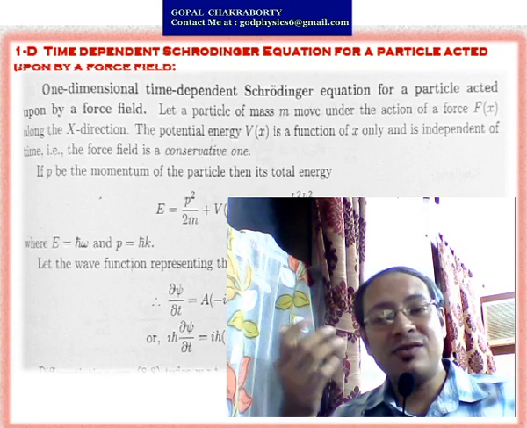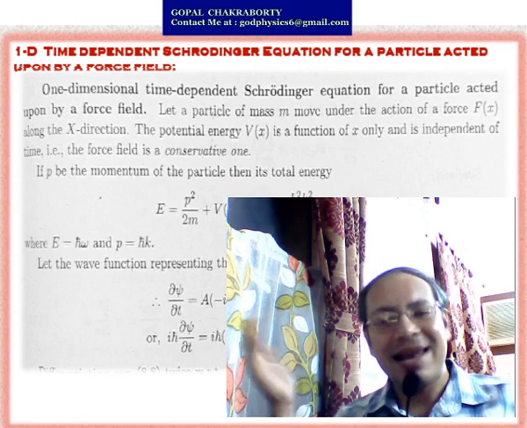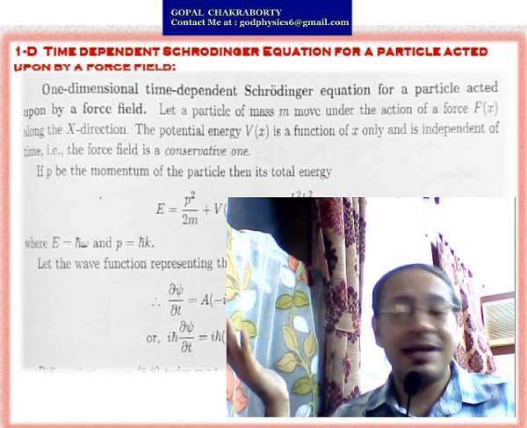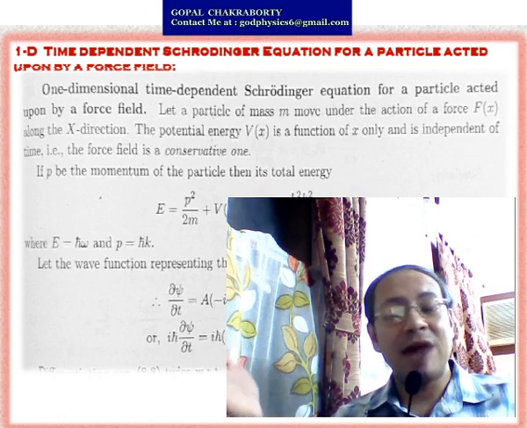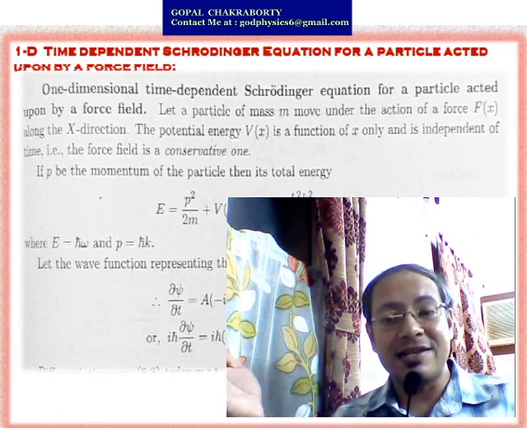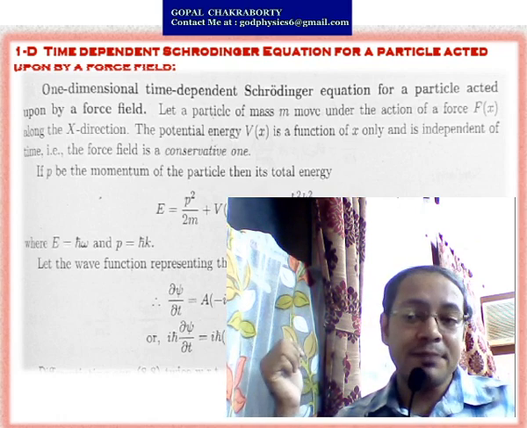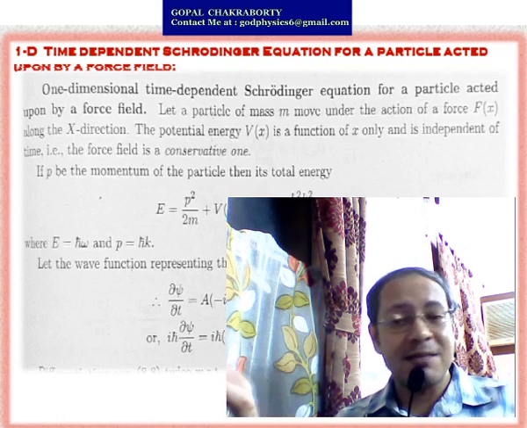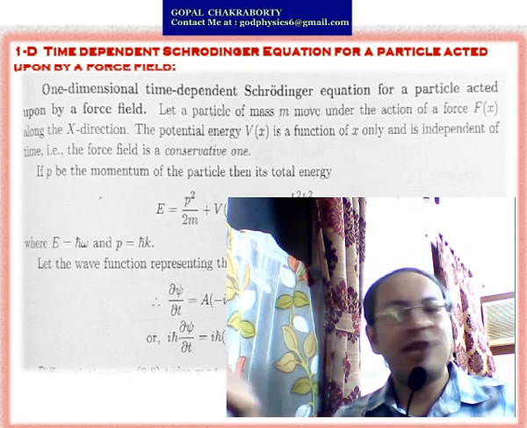Here, if p is the momentum, the total energy of the particle can be represented as E, capital E, equals kinetic energy plus potential energy. The kinetic energy can be represented by p square by twice m, plus V. So you get E equals p square by twice m plus V.